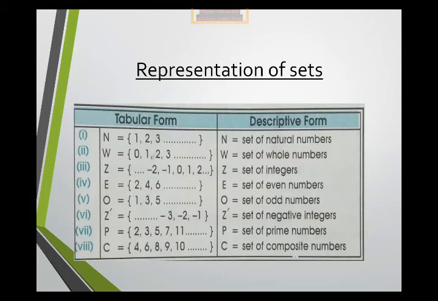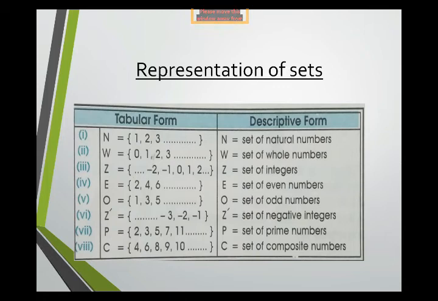The next one is W. Whole numbers are denoted by W. W is equal to 0, 1, 2, 3, and so on.